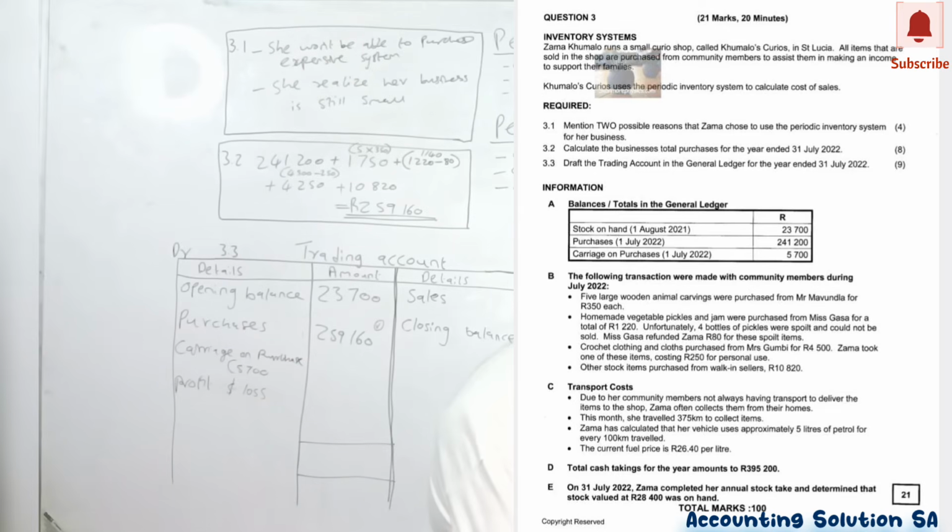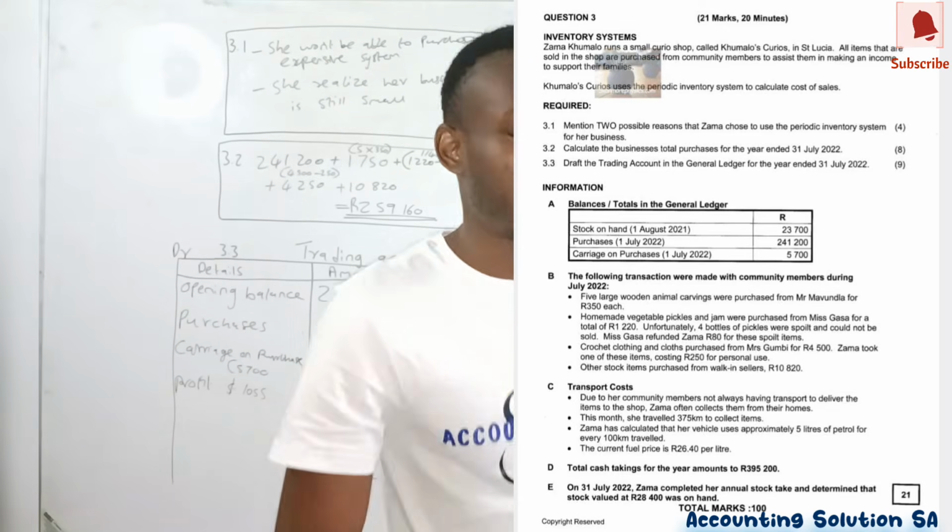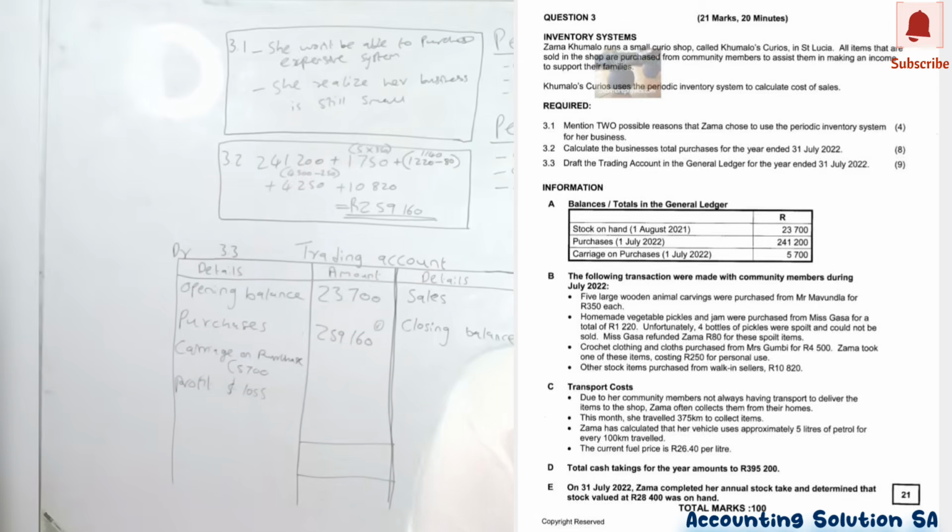Let's check number C. Number C, they said a transport cost: due to her community members not always having transport to deliver items to the shop, Zama often collects them from their homes. This month she traveled 375 kilometers to collect items.